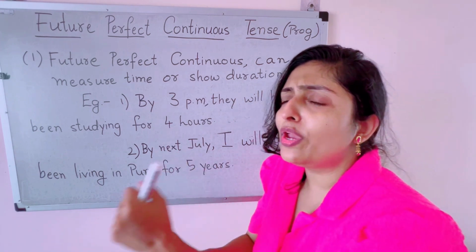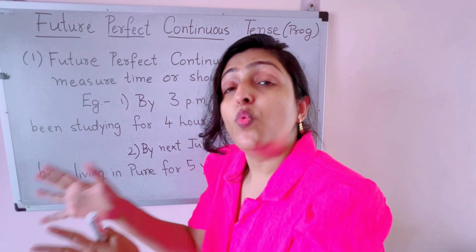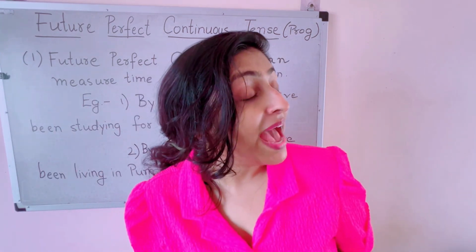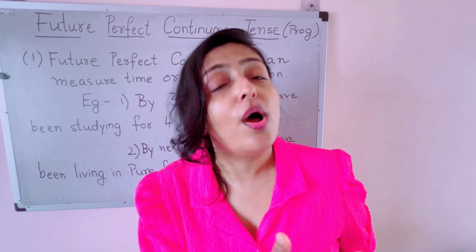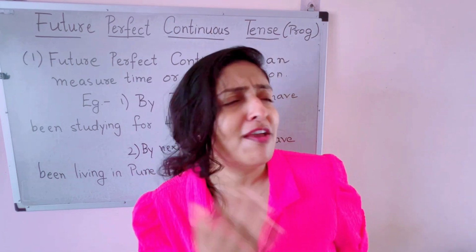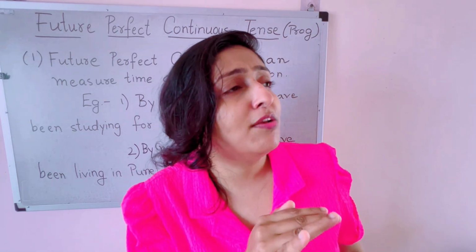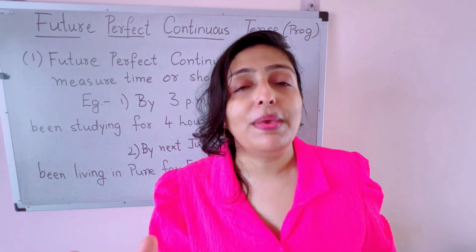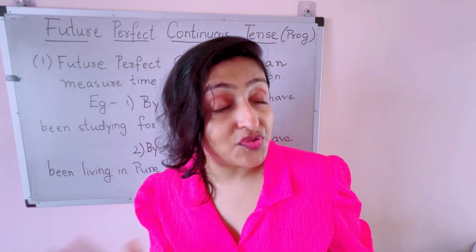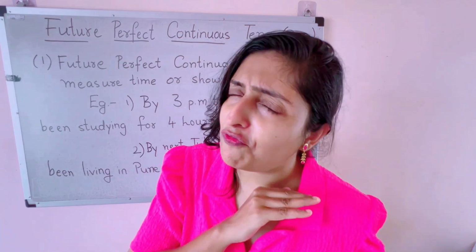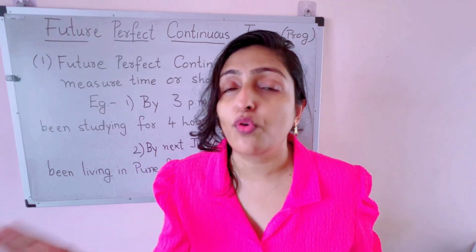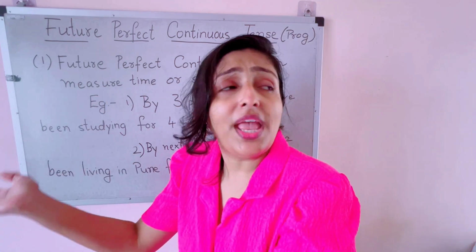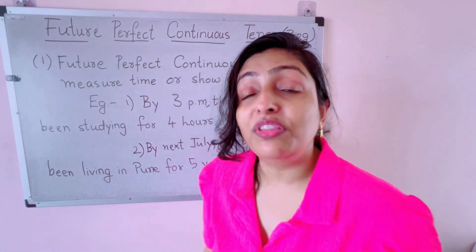But you are going to 3 p.m., which is in the future, and then you are looking back at the past and commenting that when the clock strikes 3 p.m., they will have finished studying for 4 hours. So you are going forward in the future and commenting on the past.